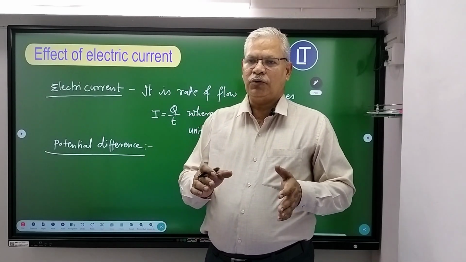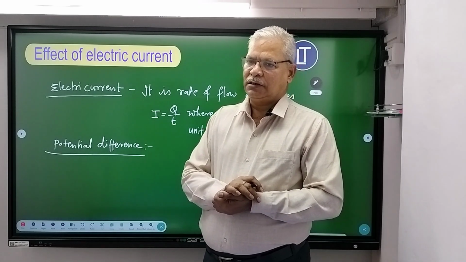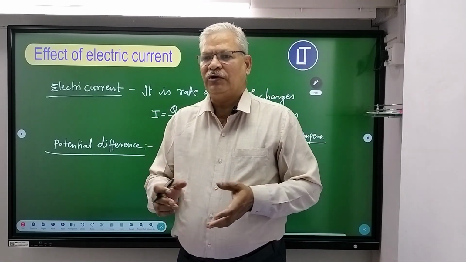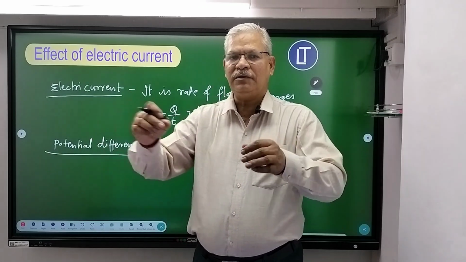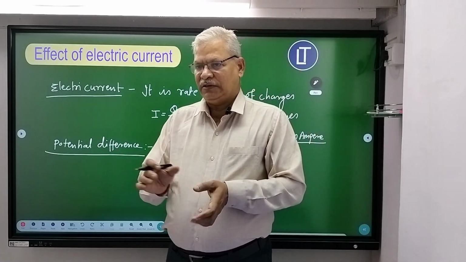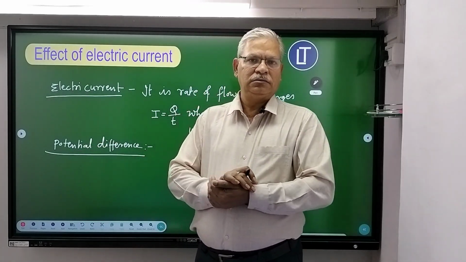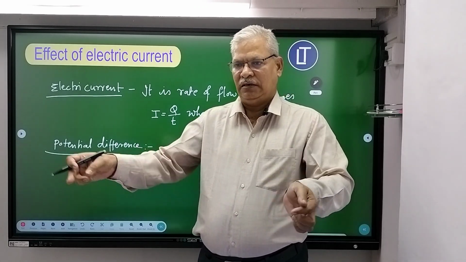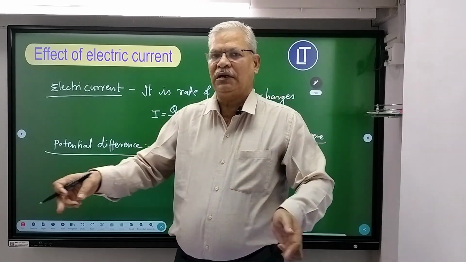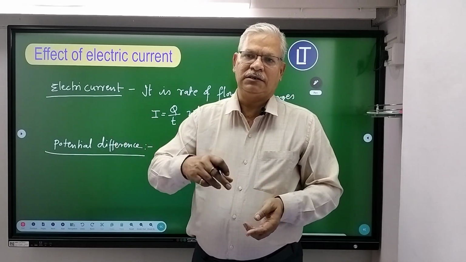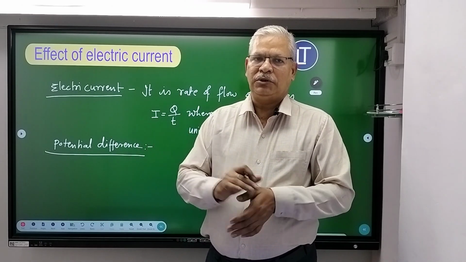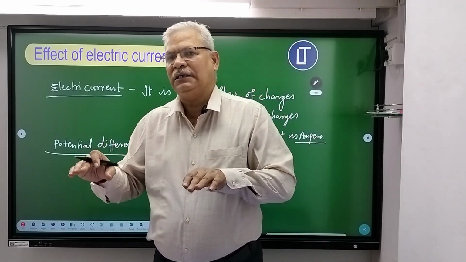If there is no potential difference, current will not flow. You have seen that if you connect the two terminals of a conductor with the same positive terminal of the cell, current is not flowing, because they are at the same level.